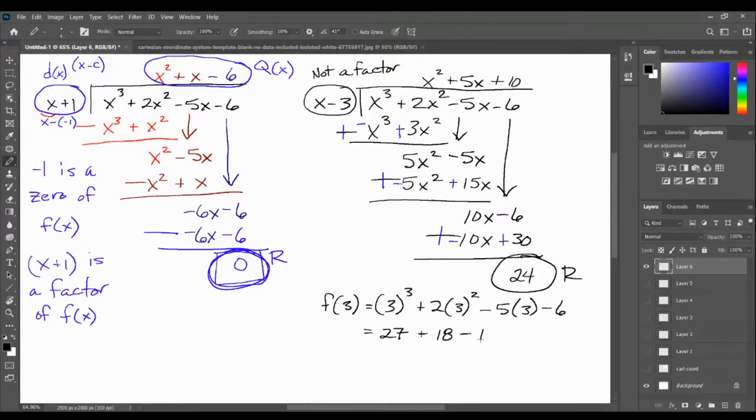Minus 5 times 3, which is 15, minus 6. So I've got 45 minus 21. Well, that's 24.